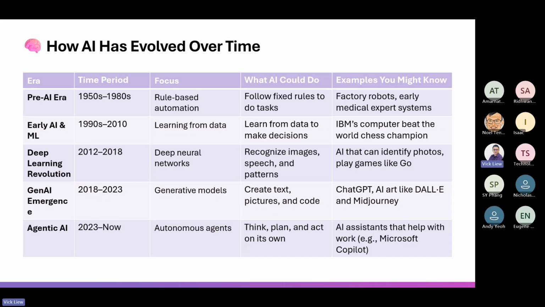Then came 2012 to 2018, where deep neural networks were the focus, recognizing images, speech and patterns, like Midjourney and those early players in the technology. Then came Gen AI, which is not just AI but generative, self-learning AI, from 2018 onwards, where we all know the word ChatGPT.